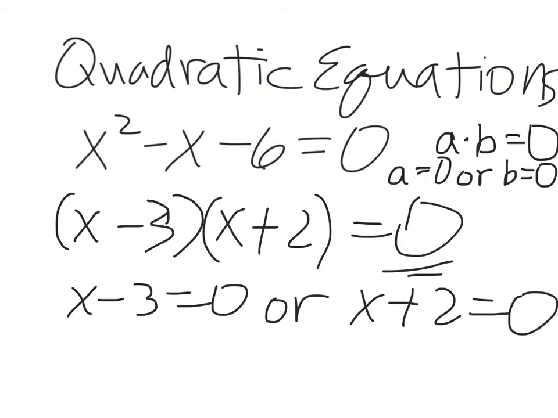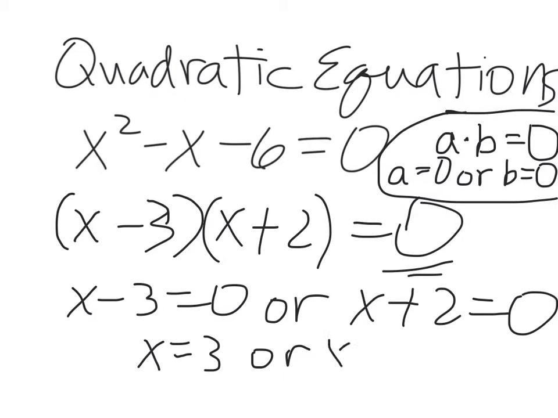So neither one of them has to be equal to 1 if A times B equals 1. The only number that works for is 0. And that's why we can solve this by factoring and then setting each factor equal to 0 and solving. So we'd get x equals 3 or x equals -2.